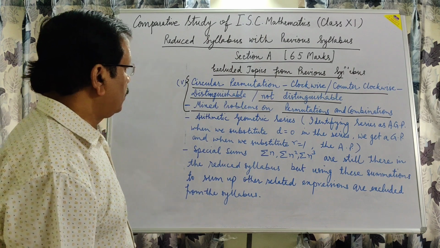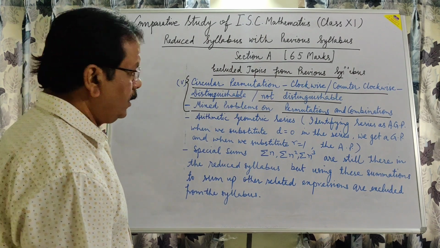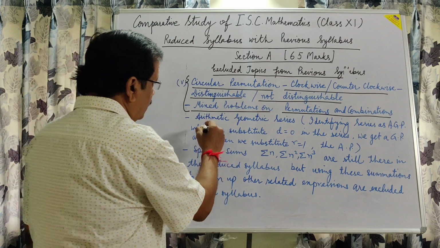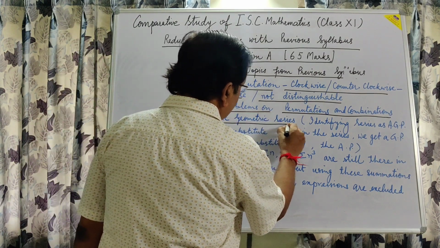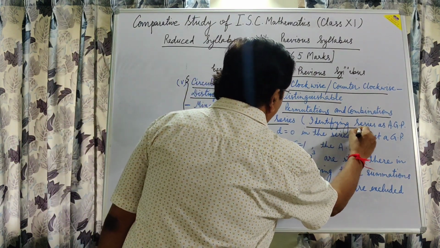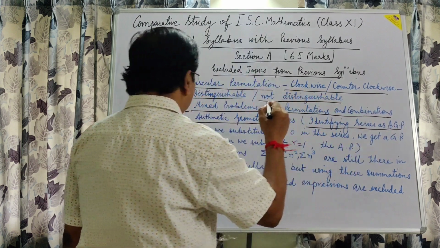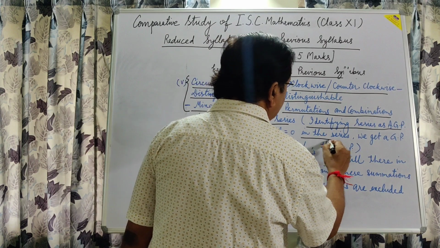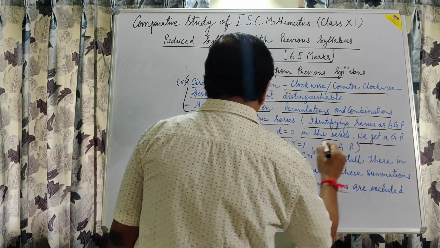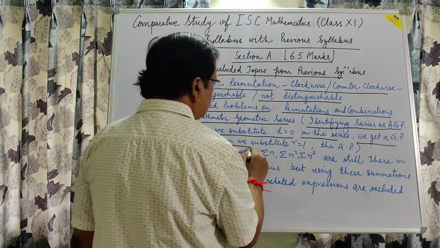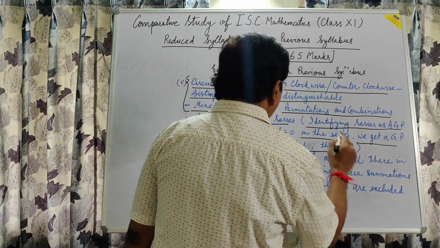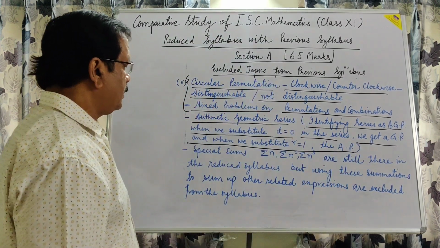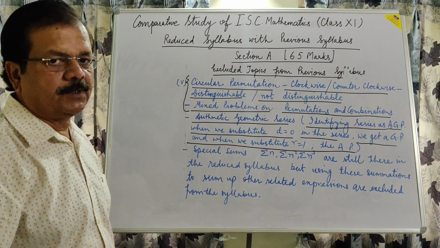Now, coming to sequence and series. In sequence and series, arithmetic geometric series, identifying series as AGP, where when we substitute d equal to 0 in the series we get a GP, and when we substitute r equal to 1 we get an AP, is excluded from the chapter.